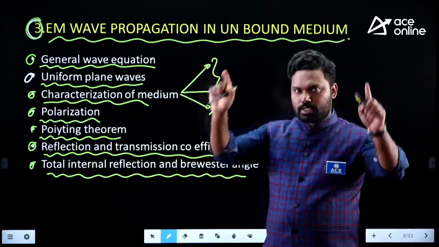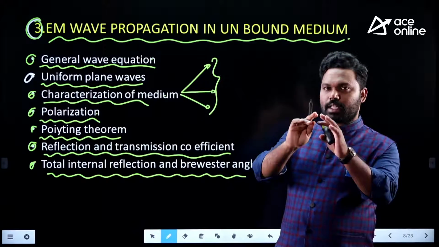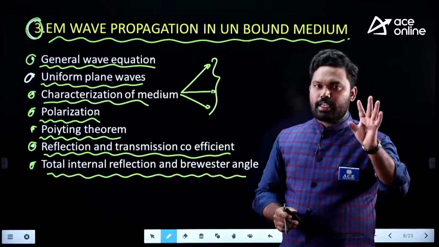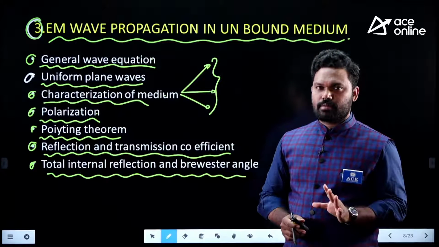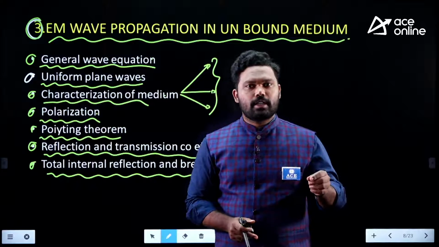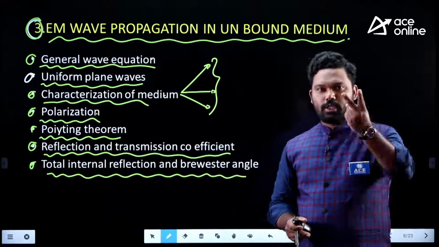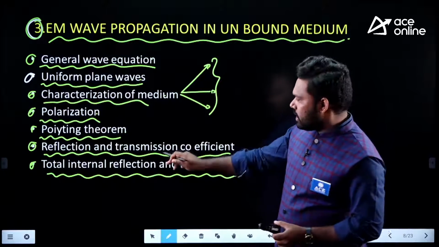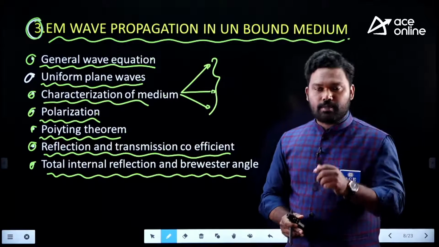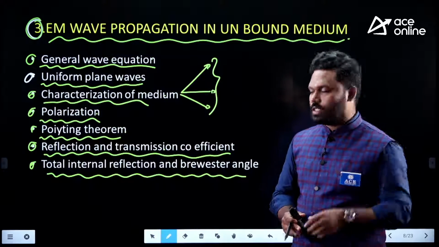You can put it in the box. And here the polarization. You should remember the conditions for polarization: linear, circular, elliptical. And then the Poynting theorem. What is the Poynting theorem? What is the Poynting vector? What is the average power? What is the average power density? Only 2 conclusions. Here the reflection and transmission coefficient for perpendicular polarization, parallel polarization. 4 conclusions.